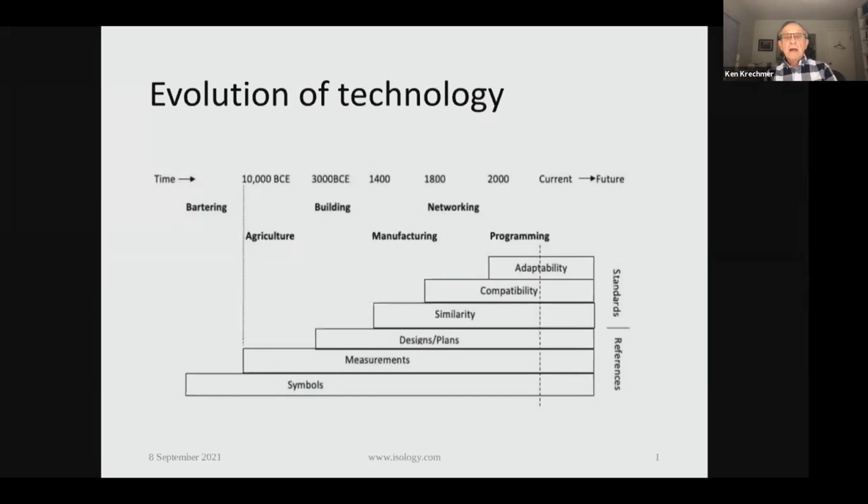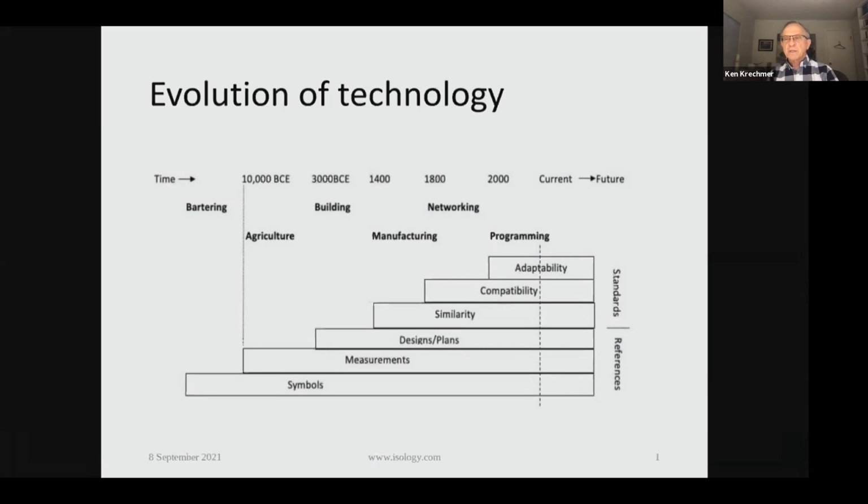Next, networking and compatibility, I suggest, emerges around 1800 with the beginnings of interconnected railroads. And that's kind of the time when we start to see standardization actually occur, where there are standards for the spacing of the train track, 4 feet, 8.5 inches. Around 2000, I suggest that programming moves from just a device that makes operations easier to a mechanism of interacting.